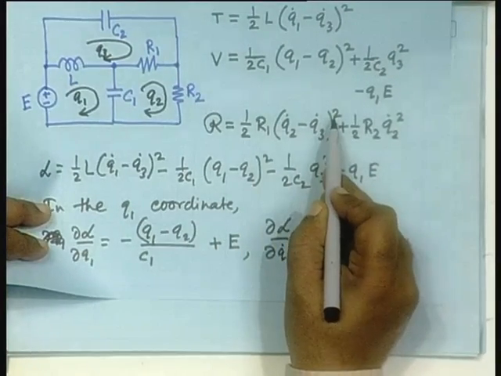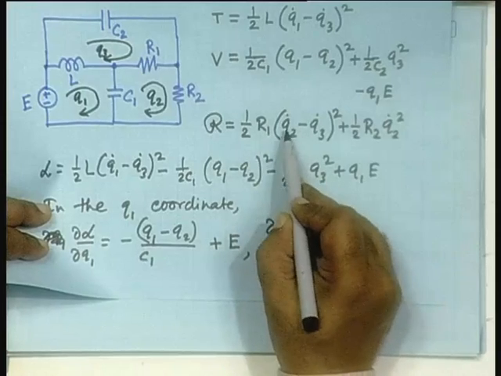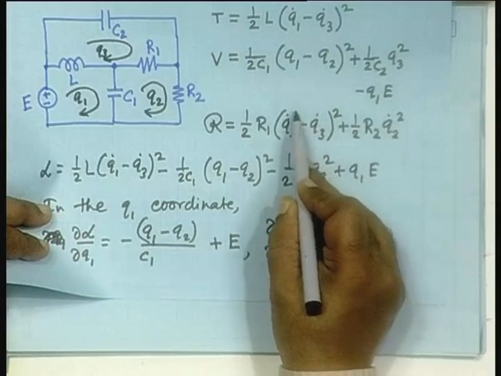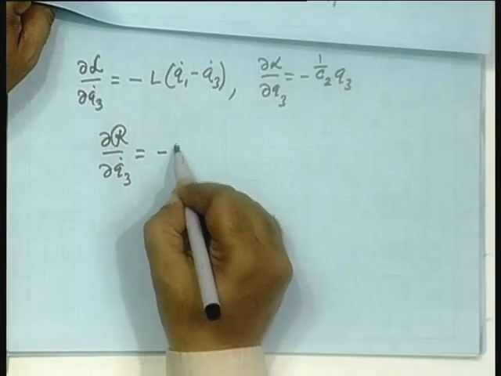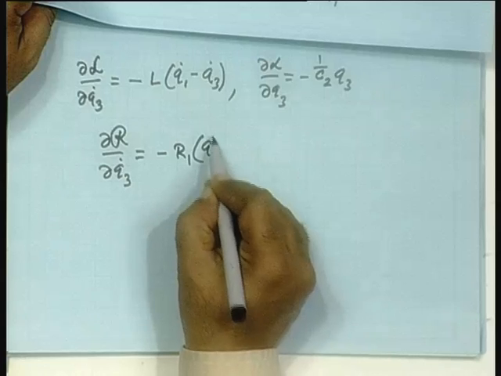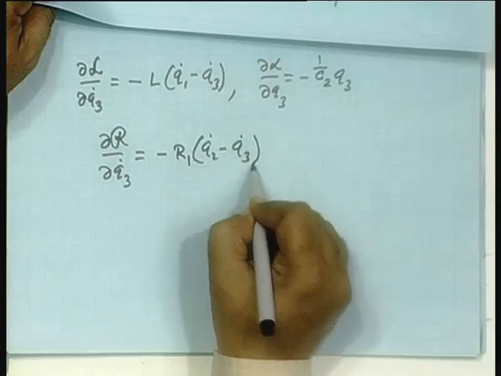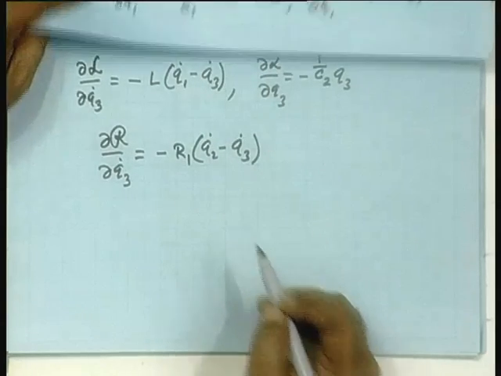So, R1 Q2 dot minus Q3 dot, and the second it will lead to a minus sign. So, minus R1 Q2 dot minus Q3 dot, and this is 0.